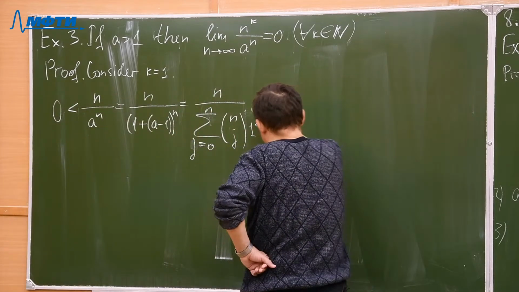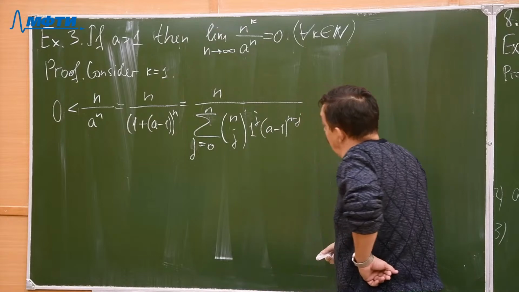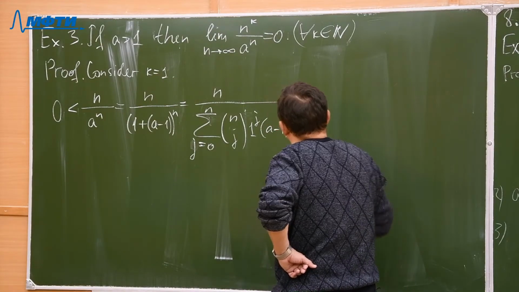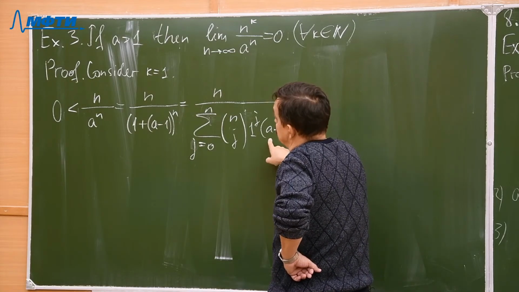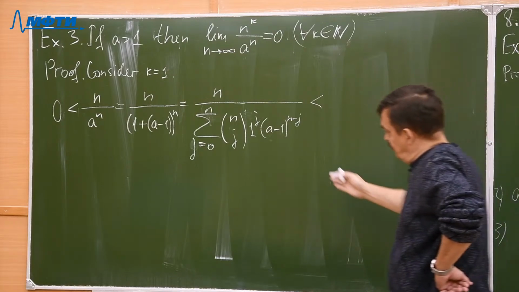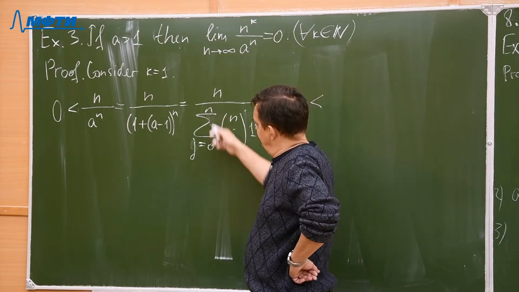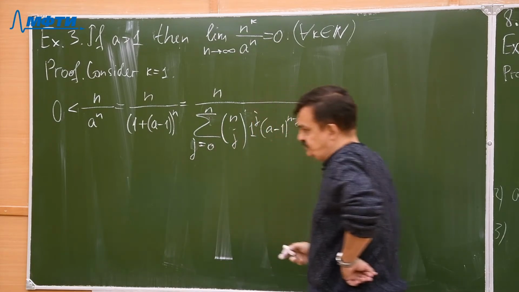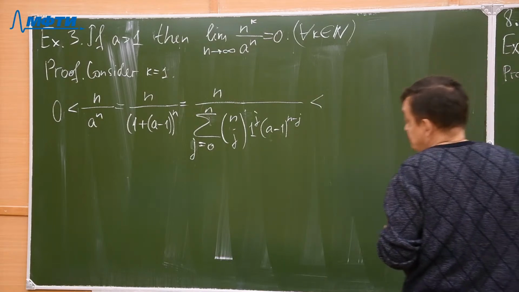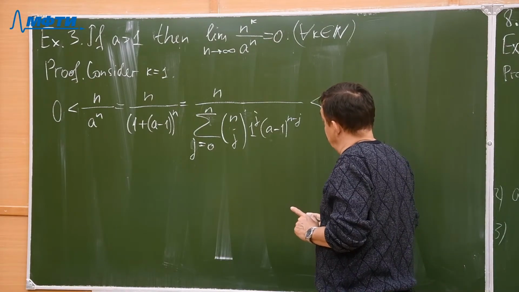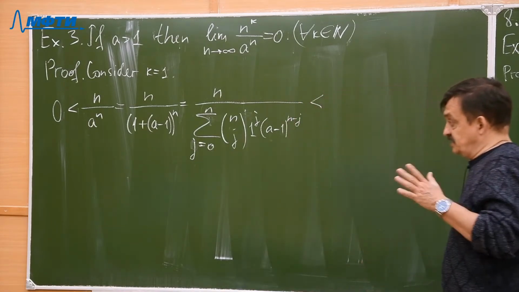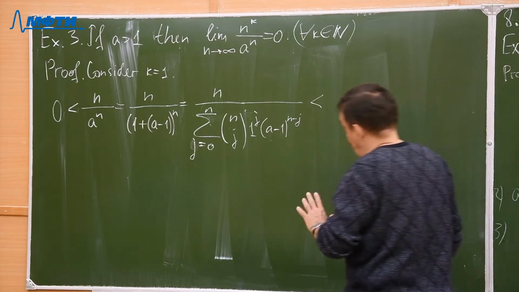Then I can choose, a is greater than 1, so a minus 1 is positive. Hence we have the sum of n plus 1 positive terms in the denominator, and I'll forget about all terms except a particular one. Which one?